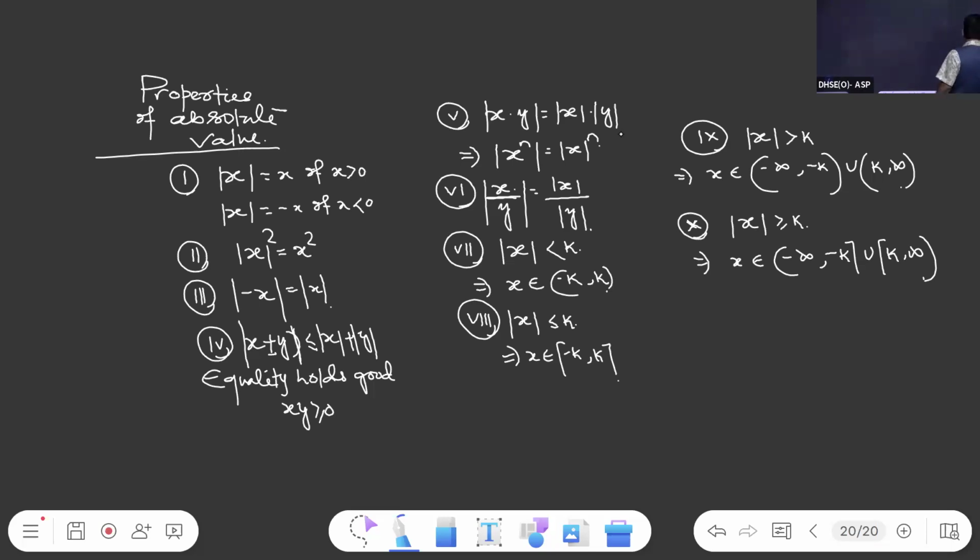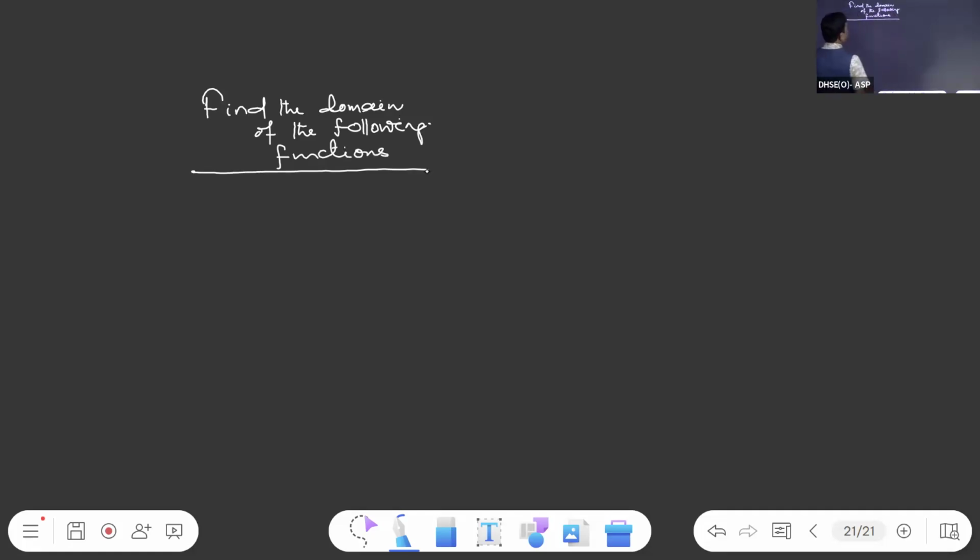Let's move forward to solve a couple of questions on domain. Question 1. Find the domain of the following functions.